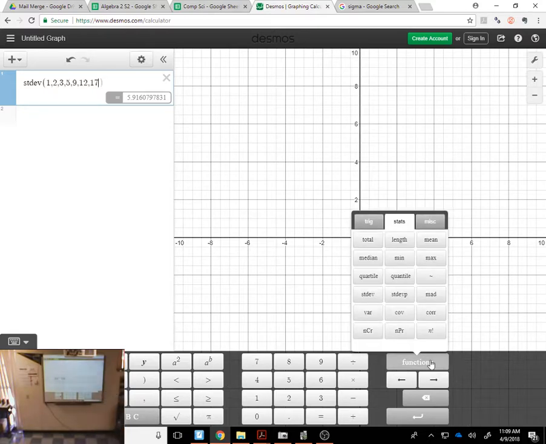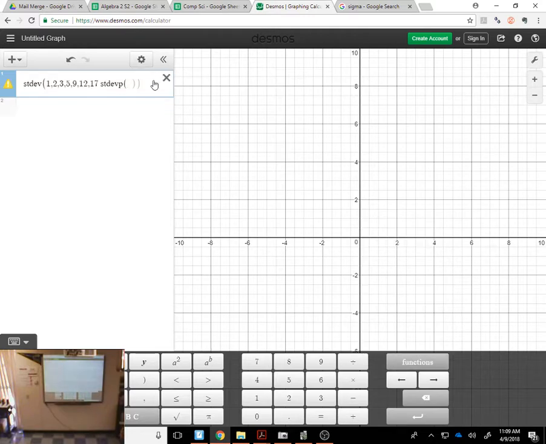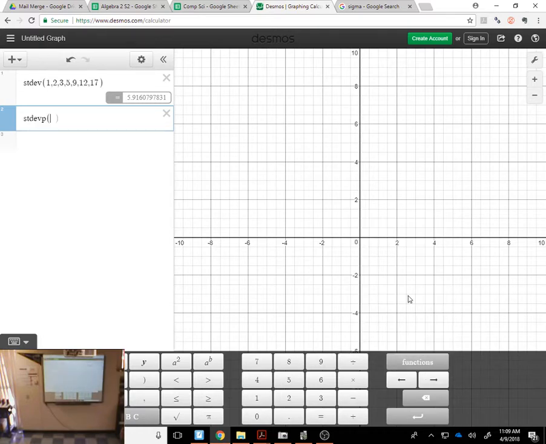Yeah, next to it, P for population. So you want the second one, standard deviation population. You want standard deviation P. So again, 1, 2, 3, 5, 9, 12, 17, and there it is. Standard deviation P.